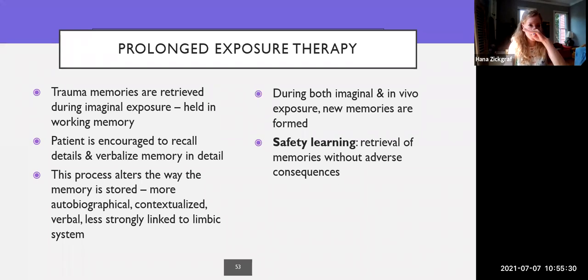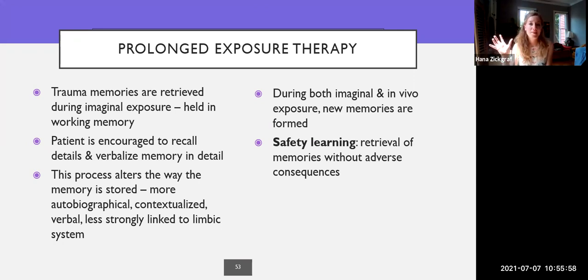So in prolonged exposure therapy, the process of this therapy involves repeatedly activating the trauma memory through really intense, vivid imaginal exposure, where the memory is held in active working memory. During this time, when the memory is activated and unstable and subject to reconsolidation, the patient is encouraged to recall as many vivid, visceral, specific details of that memory as possible.